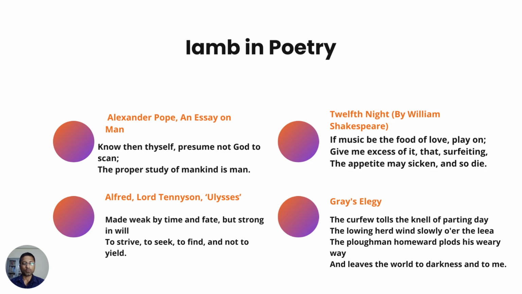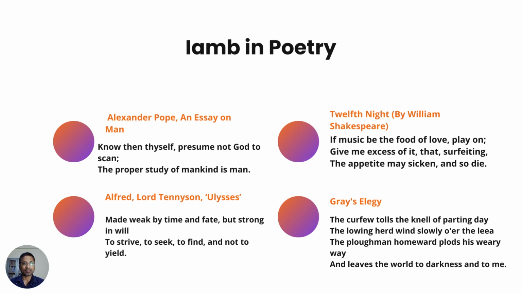The ploughman homeward plods his weary way, and leaves the world to darkness and to me. So as you see, the number of beats and the pattern of beats, as I said, decides the meter. In this case, the is unstressed, cur is stressed. So unstressed, stressed, and the pattern is repeated. Let's repeat this whole thing.